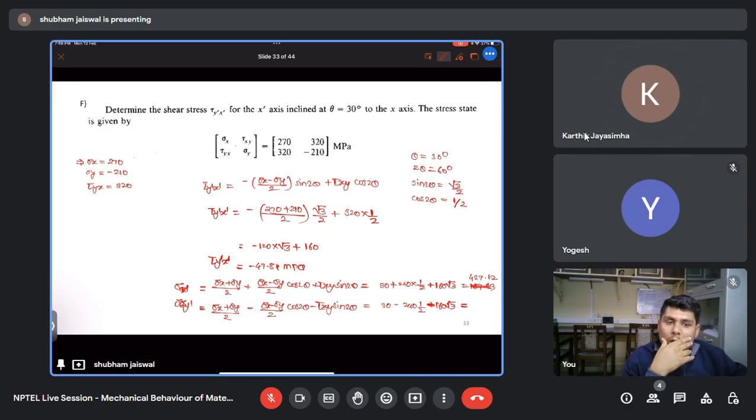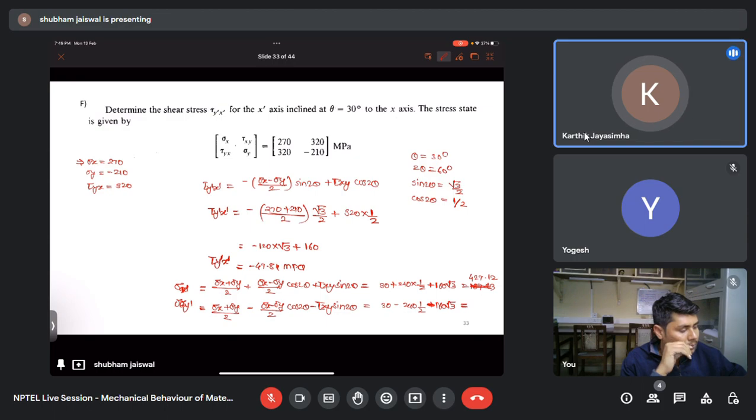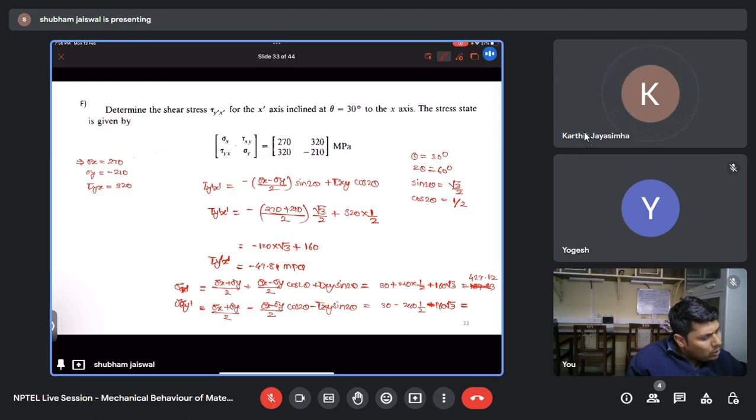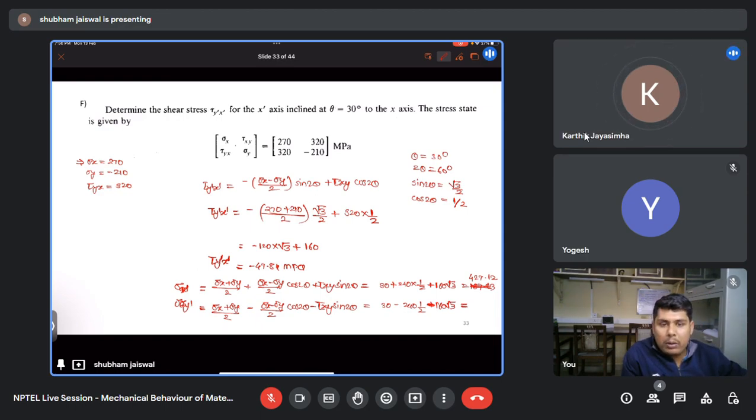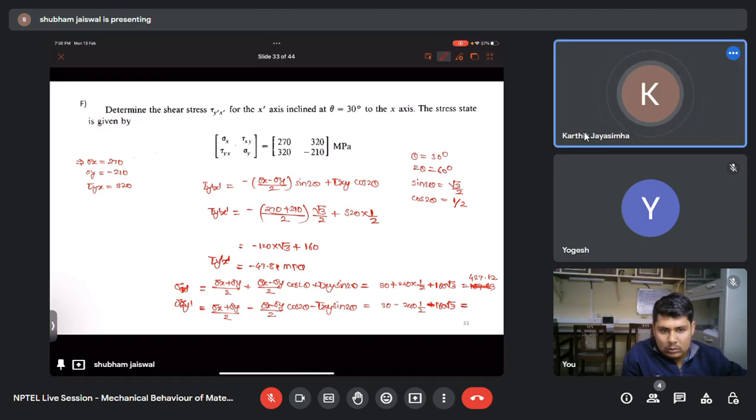Is cos 2 theta negative? No, sir. How much is theta? Cos 60 is positive. Okay. Here in sigma x prime it is positive, in sigma y prime it is negative. Okay. Sorry.